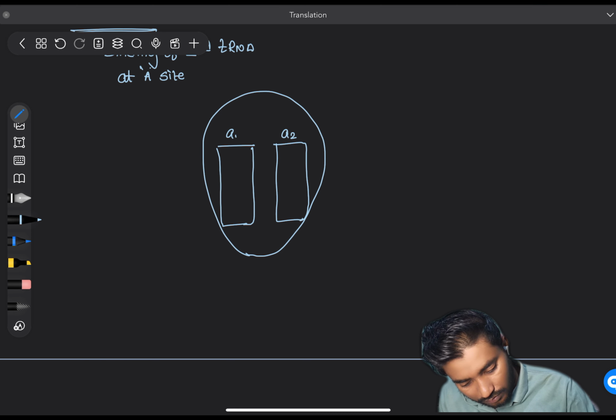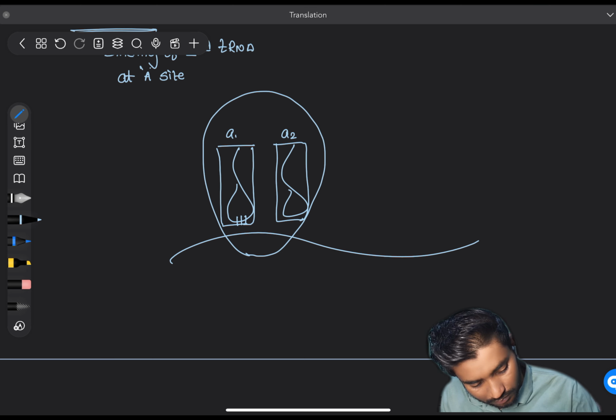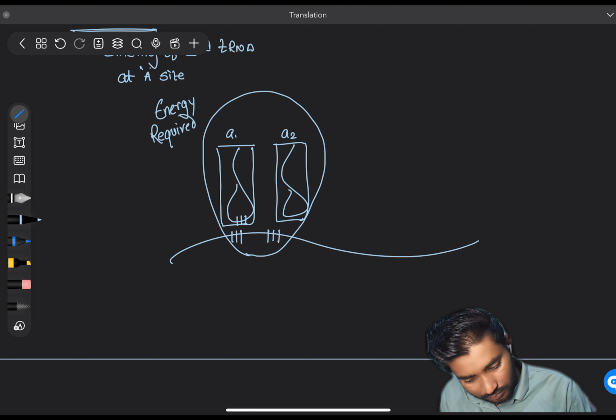A1, A2, energy required. It is P. It is the peptide bond.